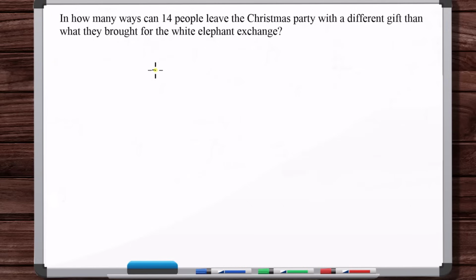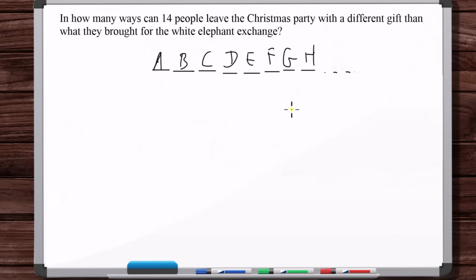We come in as A, B, C, D, E, F, G, H, all the way to 14. If you take 14 factorial, that's all of the possible ways that, here's gift A and here's person A, gift B and person B, right? 14 factorial is all the possible ways that you can have a gift associated with a person, including if a person has their own gift.